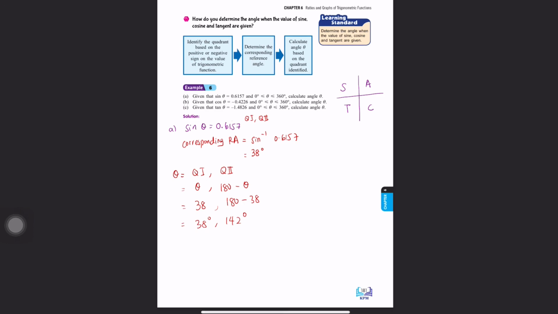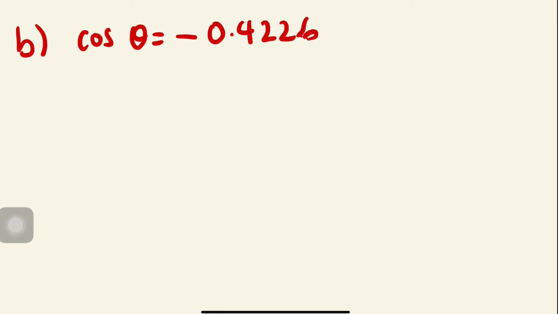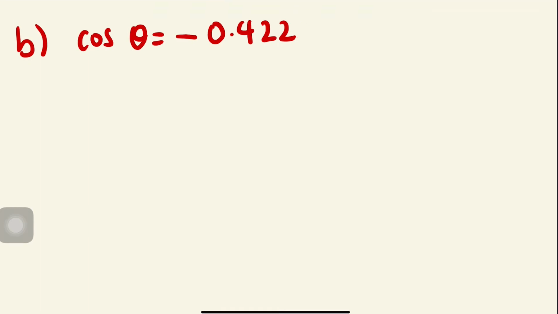Okay, now let's try B. We have cos theta equals negative 0.4226. Lukis balik kita punya quadrant, add sugar to coffee.